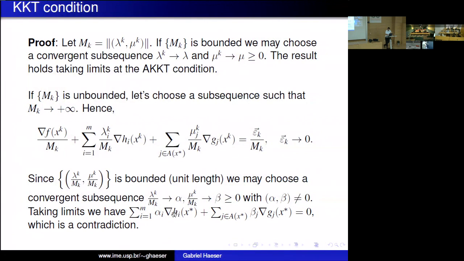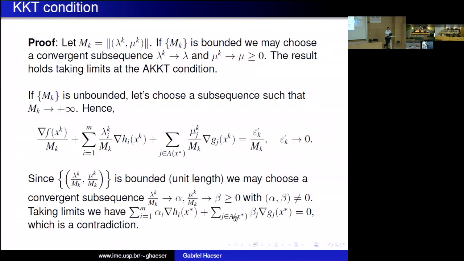Linear independence says that no matter which alpha I take here and which beta j I put here, I can only get the zero vector if I take all of them equal to 0. This is linear independence. But I can prove a stronger result. If I put any alpha here, positive or negative, or any beta here, positive, I must have 0 here.